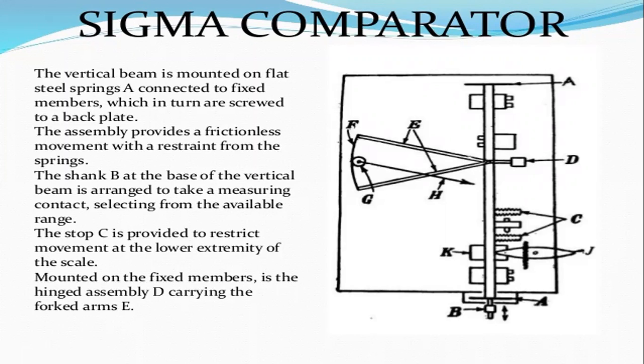And these are mounted on the fixed members, which is the hinged assembly D carrying the fork arm E. So this is the fork arm E, which is connected to the arms.